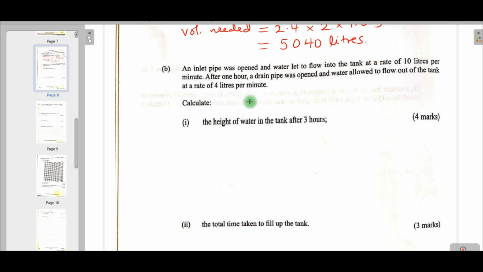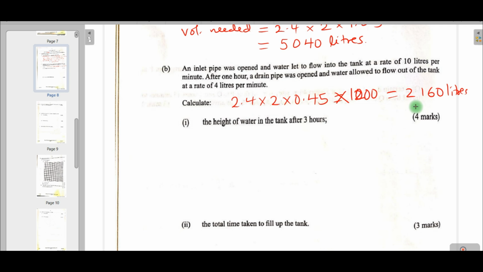So we need the amount of water already in the tank, which is 2.4 times 2 times 0.45, and that is 2. With this again we multiply by 1,000, so it is 2,160 liters.